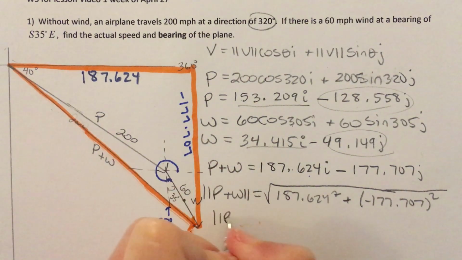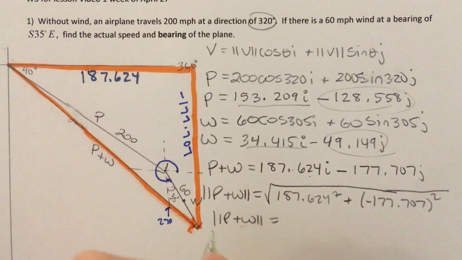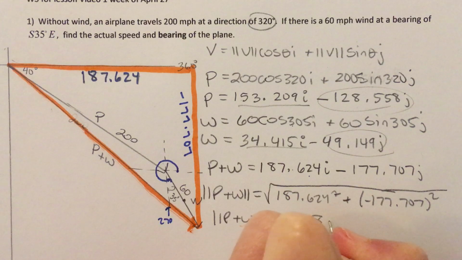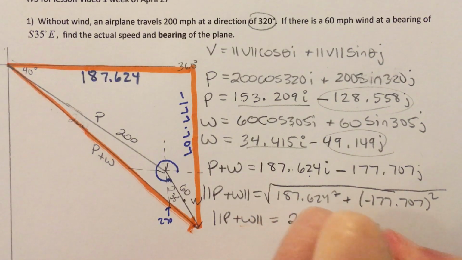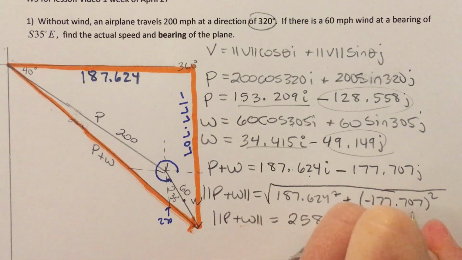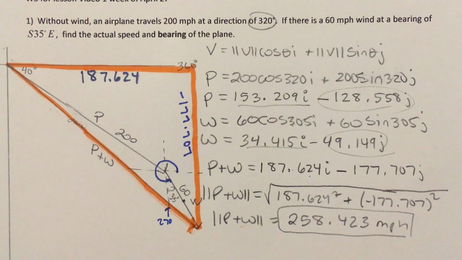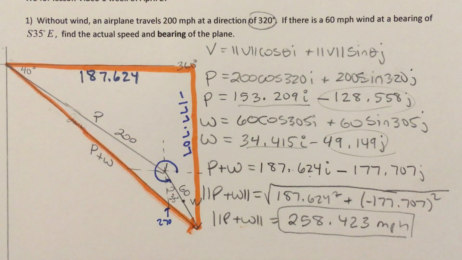So you should get something faster than what the plane was going before. I have 258.423 miles per hour. So that wind is really helping this plane out. It was only going 200 miles per hour before. Now it's going almost 60 miles per hour faster. Okay, so that's the plane.